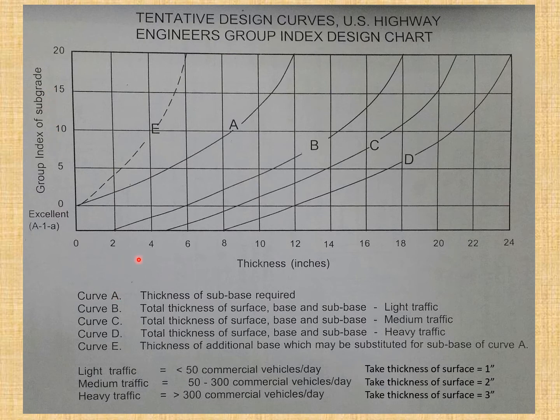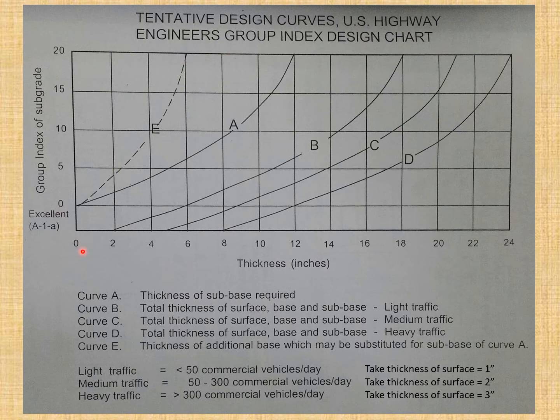And along the horizontal axis we are having the thickness in inches. And you can see there are 4 curves A, B, C, D. Firm lines have been used in these curves, and a dotted line has been used in curve C. So in fact there are 5 curves.